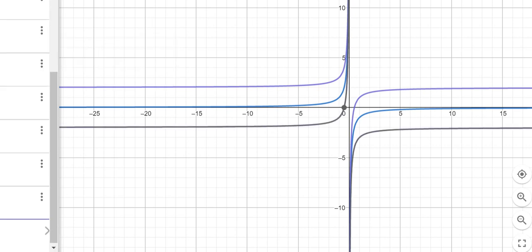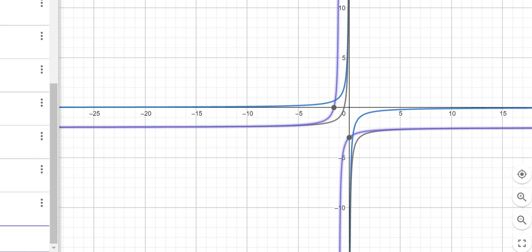I'm duplicating the function and I have -1/x, but in that x I don't write plain x anymore, I write +1. Let me delete some so you're not confused all the time. Okay.